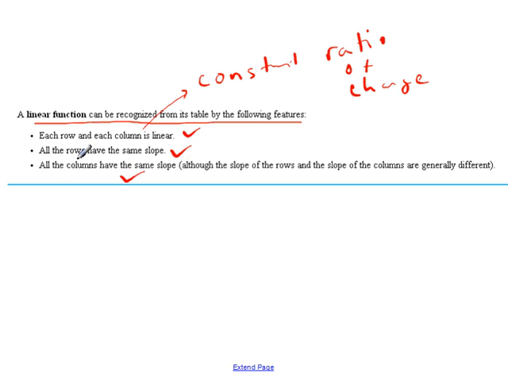The rows and the columns don't have to have the same slope, but every row must have the exact same slope, and every column must have the same slope. But the slope of the rows does not necessarily, it could, but it doesn't necessarily need to equal the slope of the columns.